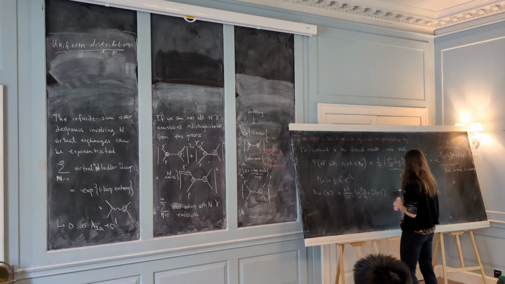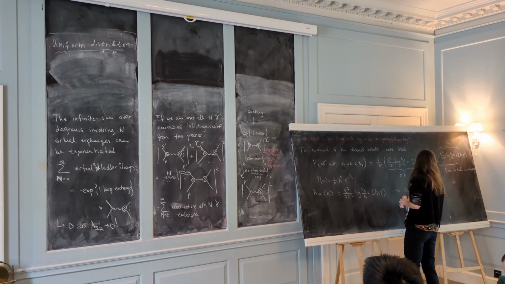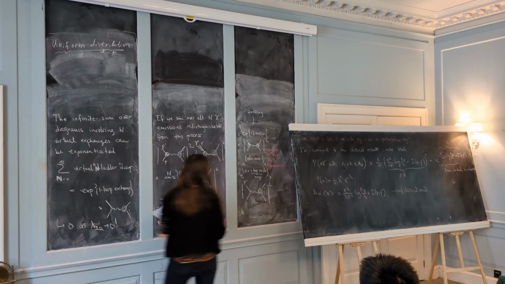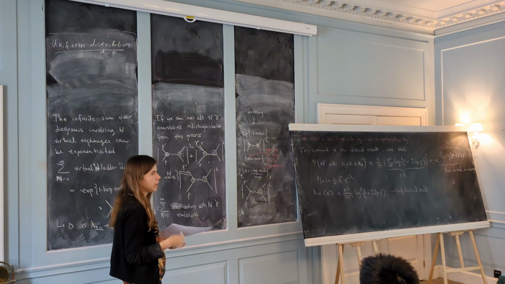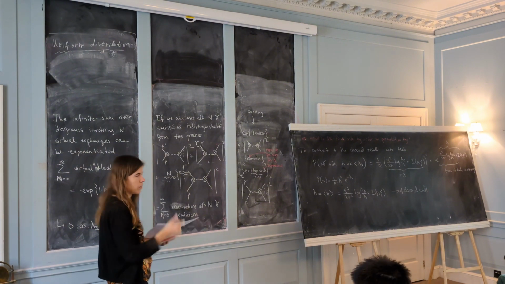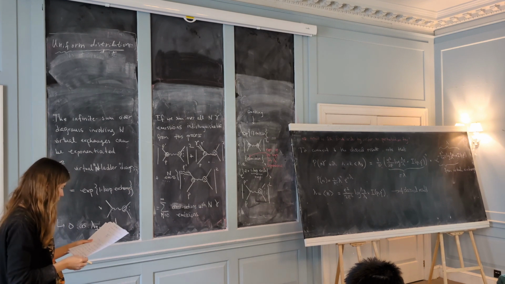And if you remember, this is also the classical result. In the first lecture, we computed the expectation value for n photon emissions classically. This is how you recover it from this quantum computation.